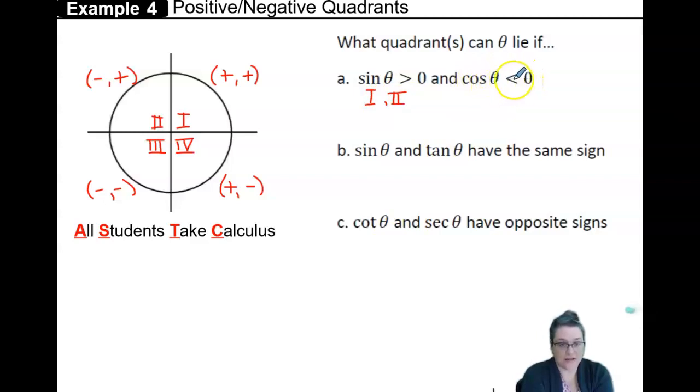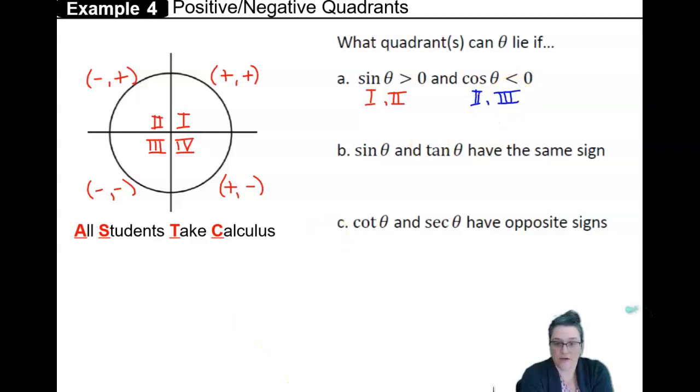Cosine is defined as x over r. So we're looking for the quadrants that have a negative x, and that would be quadrant 2 and quadrant 3. Both have a negative x, so those quadrants have a negative cosine.